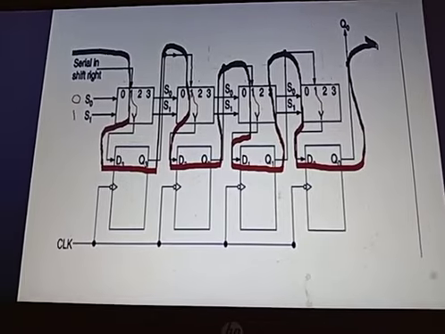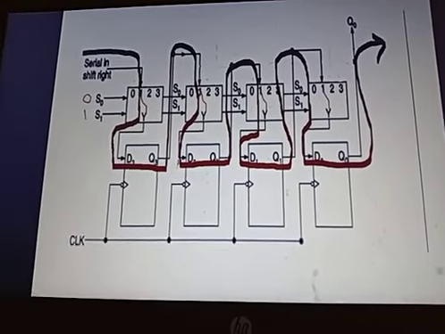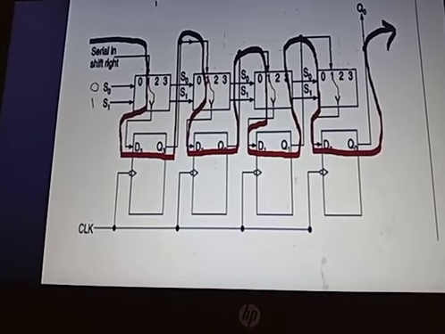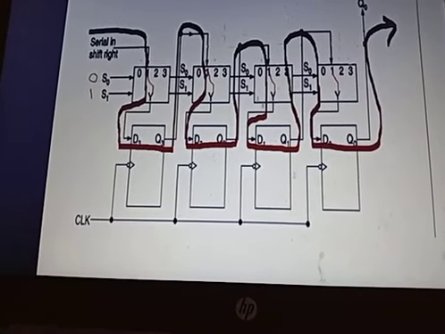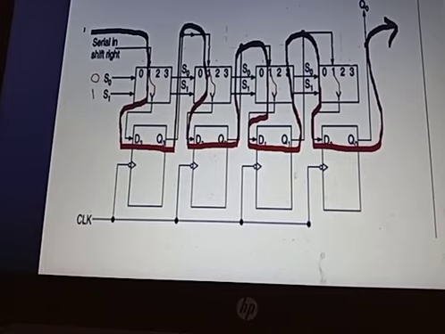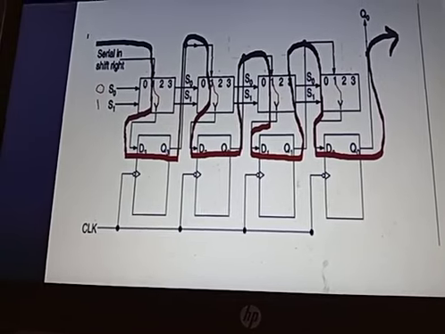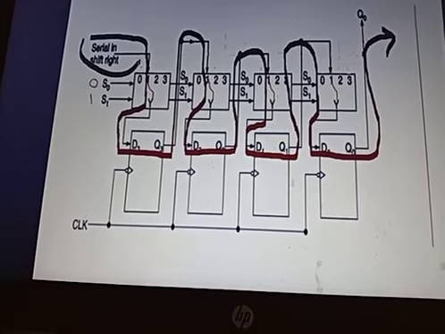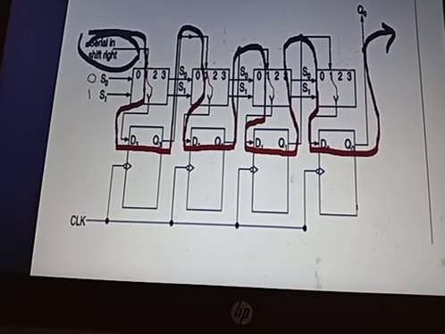So how is the data actually moving? It is moving in a serial fashion, correct? So when I give 0 and 1, what is happening? It is serial input and serial output, where the information is getting moved from left to right. That's why we are calling this serial in, shift right.